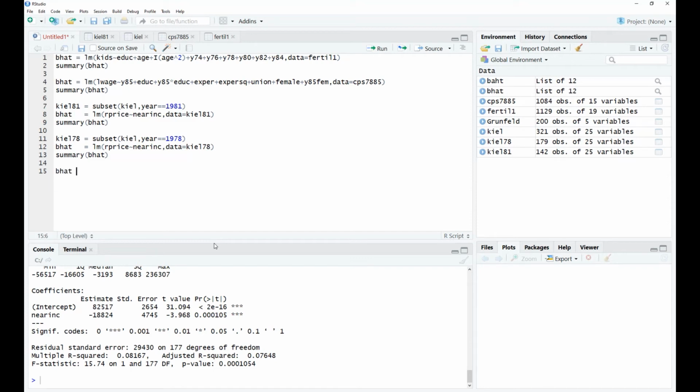Let's call it B hat equals LM, rprice tilde Y81 plus near incinerator plus Y81 times near incinerator. And we are using the entire data set.